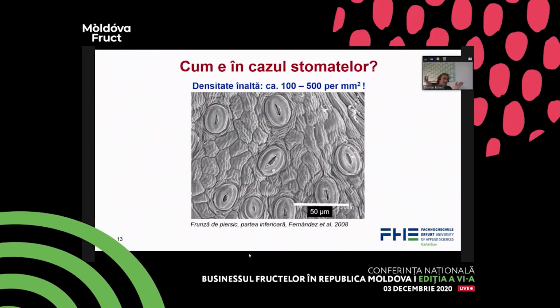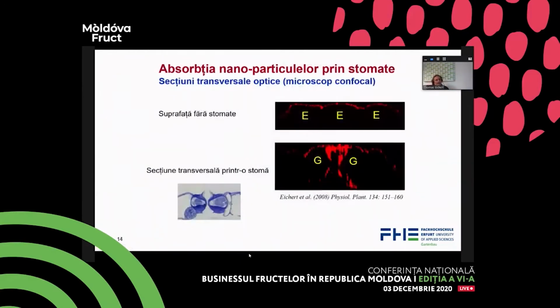People doubted that stomata play a role. I studied this in my PhD thesis, and we provided some evidence that it actually works, that stomata may contribute to foliar uptake. So one of the latest milestones in this process of showing that stomata play a role was with nanoparticles.